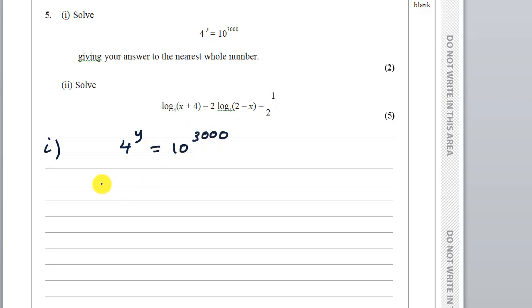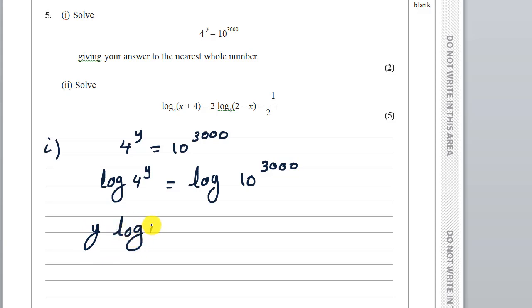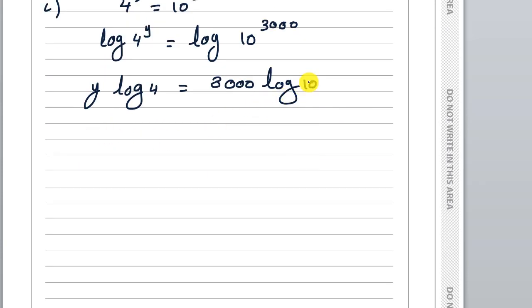So let us take the log. Log of 4 power y is equal to log of 10 power 3000. So y log 4 is equal to 3000 log 10. Log 10 is equal to 1. So y is equal to 3000 divided by log 4.